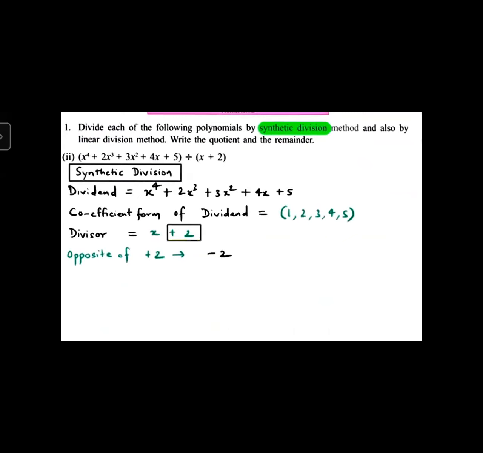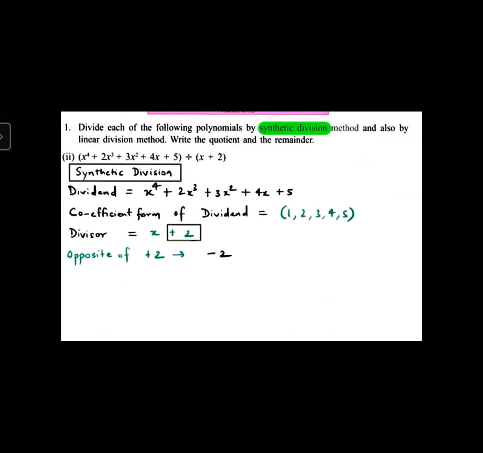x⁴ + 2x³ + 3x² + 4x + 5 divided by x + 2. So we have to divide. You have to write the dividend first, then the coefficient form of the dividend. Your dividend is this one. Then the coefficient form of the dividend is 1, 2, 3, 4, 5.